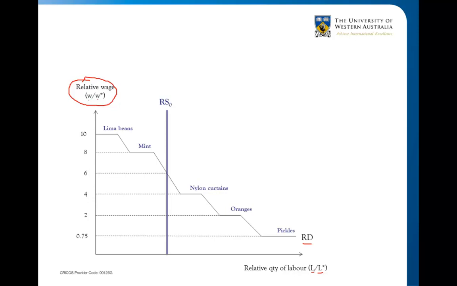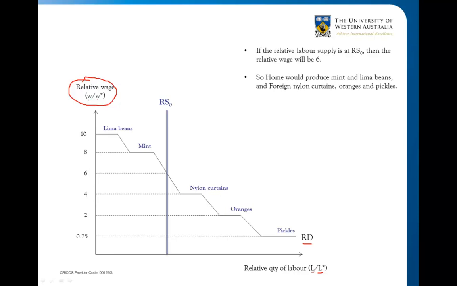So let's assume that the relative supply curve is here, relative home versus foreign labour, which is the example I had before where I said the relative wage was 6. So the intersection of the relative supply curve and the relative demand curve is here at that 6.